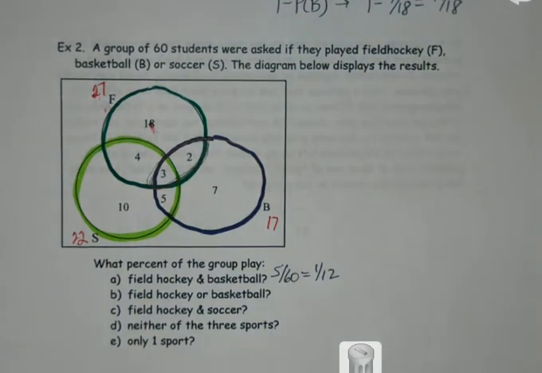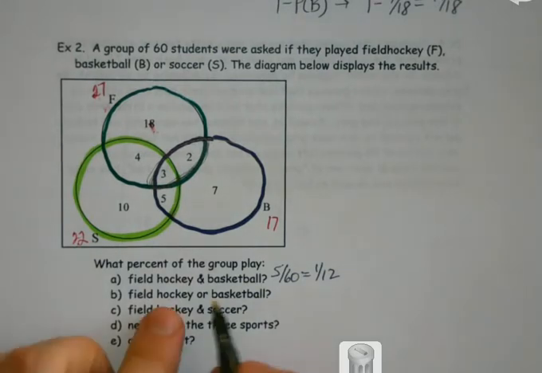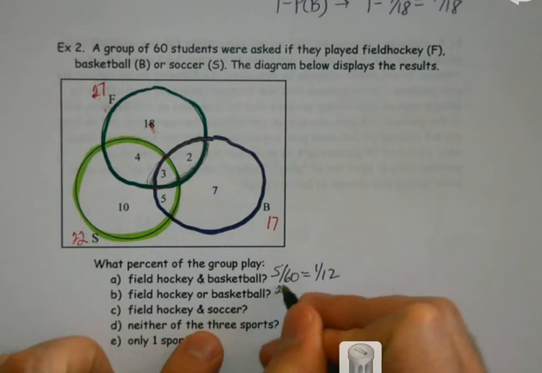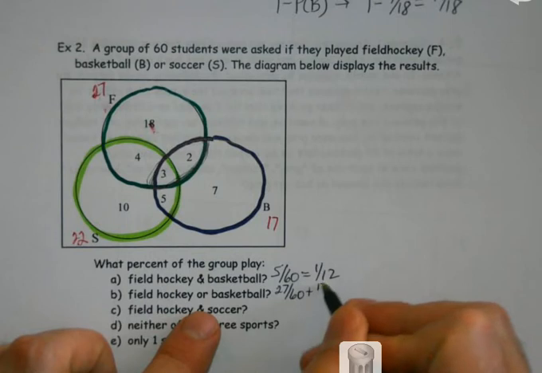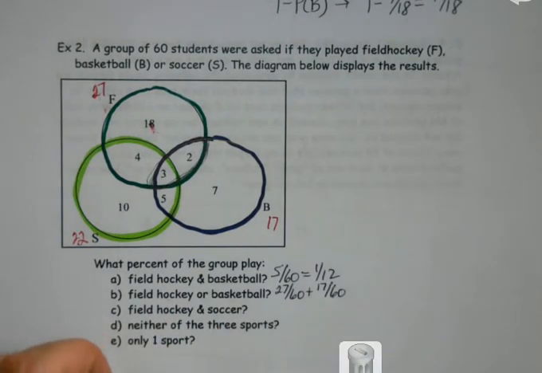So here's how I kind of take that on. When I get to field hockey or basketball, I know 27 out of the 60 play field hockey. I know 17 out of the 60 play basketball.